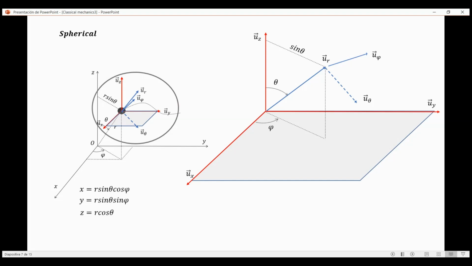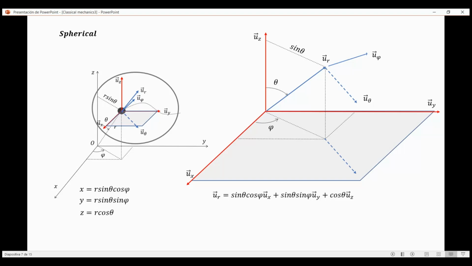If this is 1, the modulus of ur, this distance here is sine of theta, same as this. And we can decompose ur in terms of the Cartesian vectors. ur would be sine of theta cosine of phi ux, plus sine of theta sine of phi uy, plus cosine of theta uz.